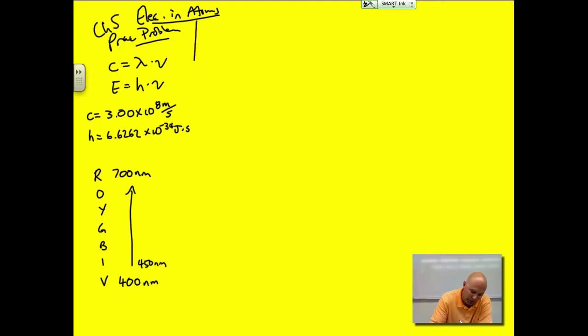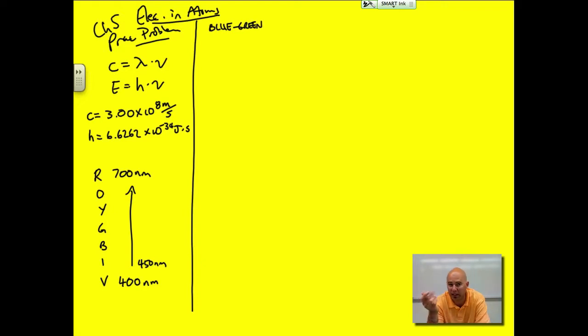So if I were to do a practice problem and said that we had a blue-green light, it could be copper being expressed in a flame test, and I wanted to know what the energy associated with that would be. Again, you know I'm a big fan of writing down what you're solving for and what you're given.